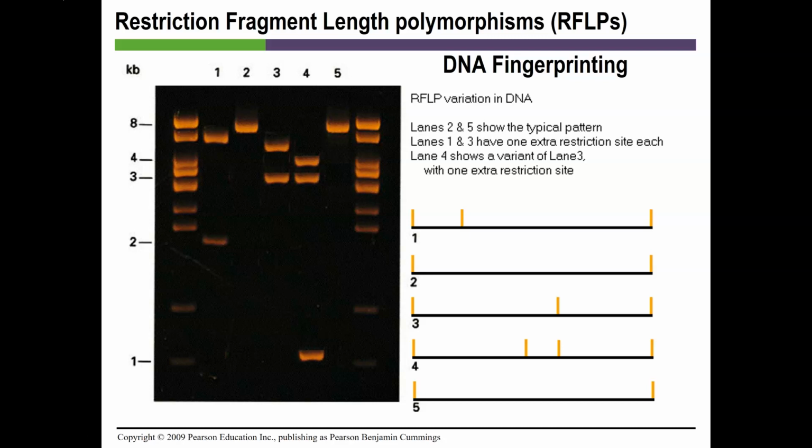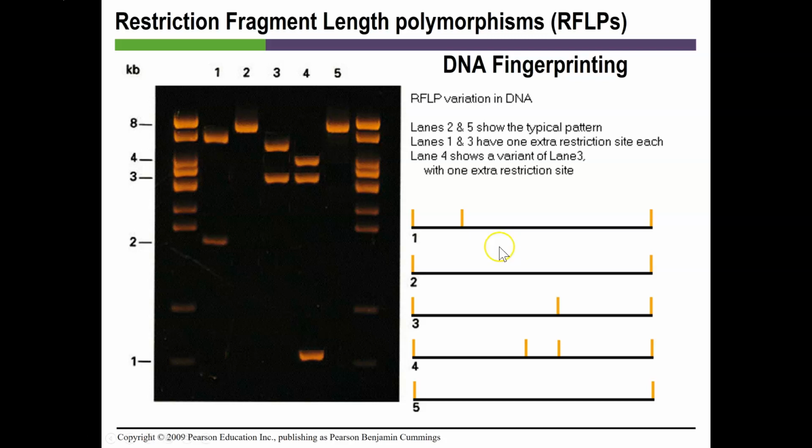DNA fingerprinting uses what's called restriction fragment length polymorphisms, or RFLPs, in order to look for similarity. If you look, we have 5 samples of DNA. They're going to have some sequence differences because they may be from different individuals.